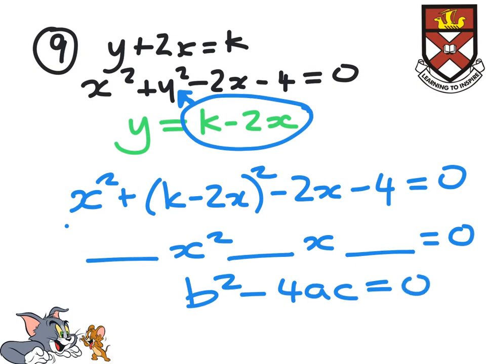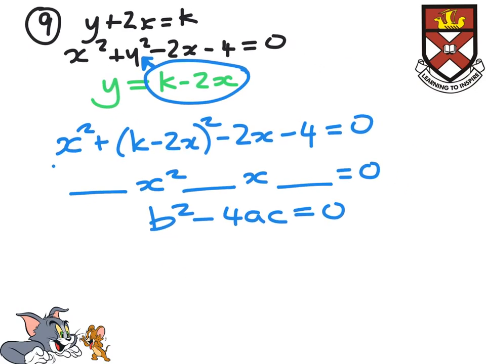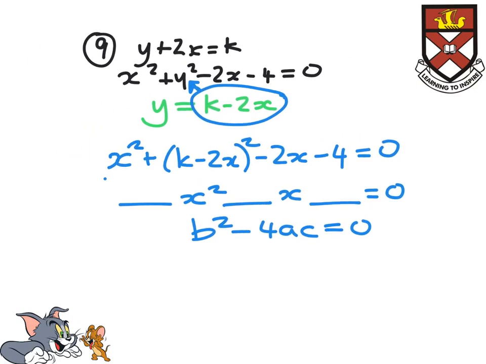So you take your b, which is this thing here before the x, and stick it in here. You take your a, which is here, stick it in there, and you take your c, which is here, and stick it in there.